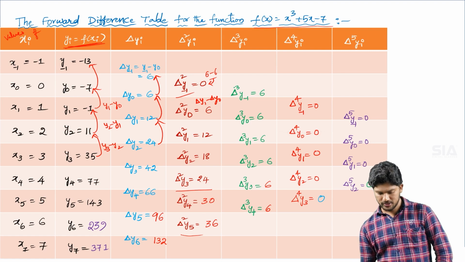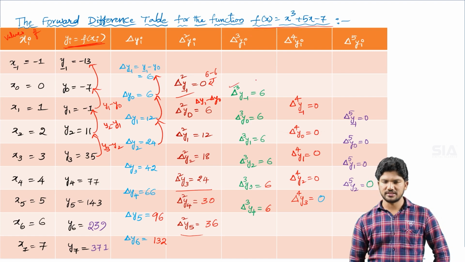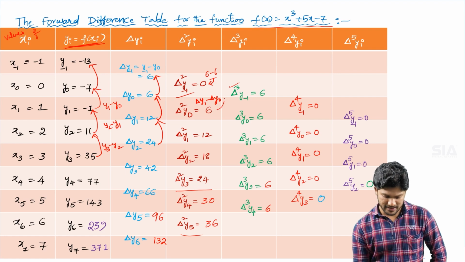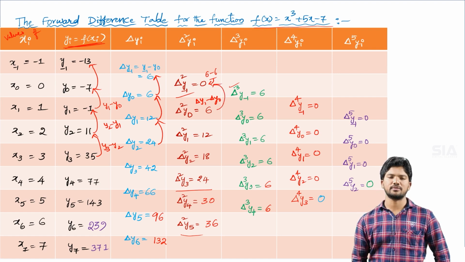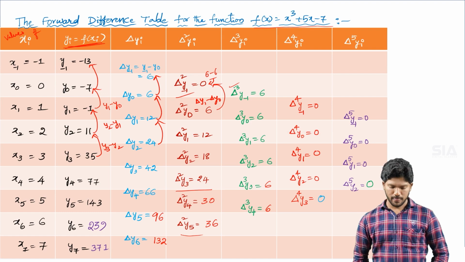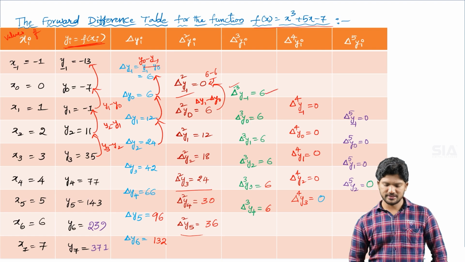Next, delta cube, the third forward difference operator. Delta cube y suffix -1 is equal to 6 minus 0, that means delta square y0 minus delta square y suffix -1, so you will get 6.